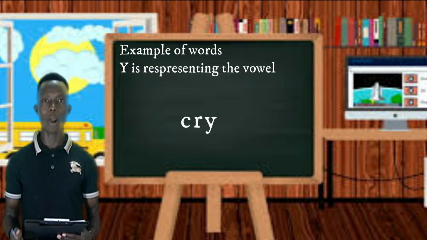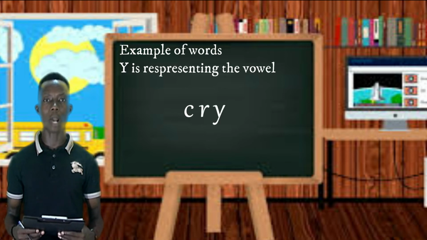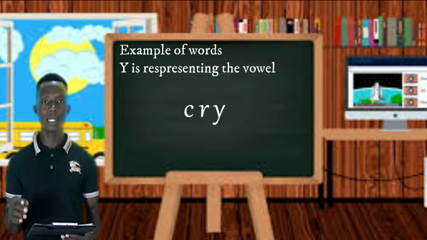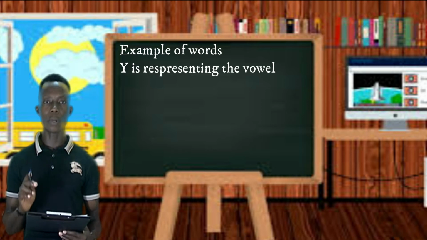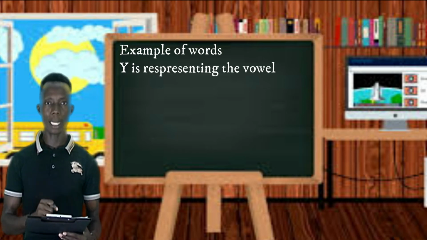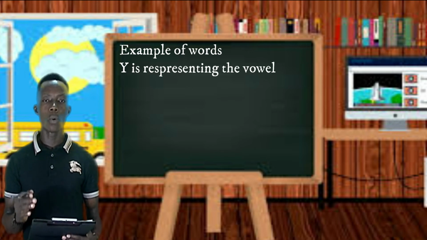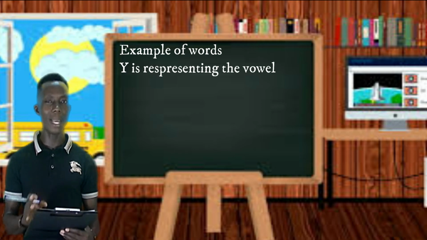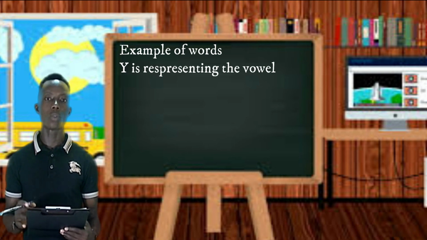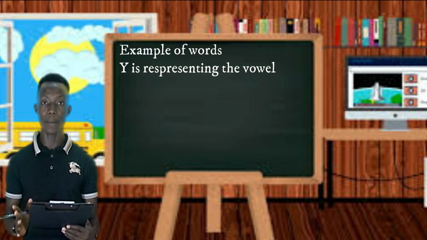We have cry, C-R-Y, cry. In this word, we do not have a vowel letter. So over here, the letter Y is representing the vowel letter in this word. And then, as I told you earlier, we'll be looking at the vowel letter that the letter Y makes the same sound with, so that we will understand this very simply and clearly.